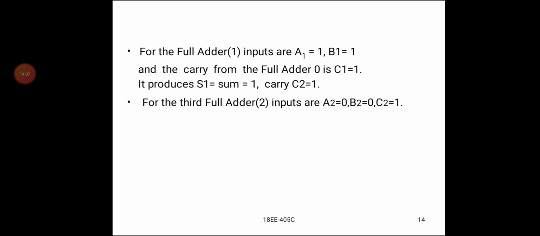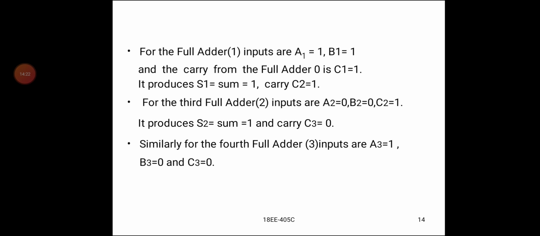For the third full adder, inputs are A2 equivalent to 0, B2 equivalent to 0, C2 equivalent to 1. It produces sum S2 equivalent to 1 and carry C3 equivalent to 0. Similarly, for the fourth full adder, the 3 inputs are A3 equivalent to 1, B3 equivalent to 0, C3 equivalent to 0. It produces sum S3 equivalent to 1 and carry C4 equivalent to 0.